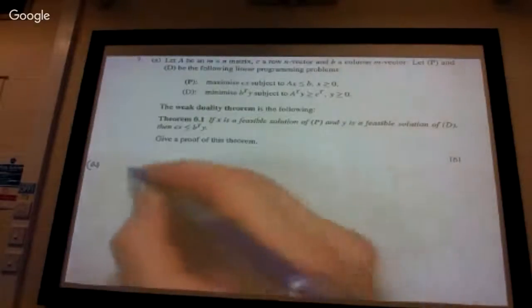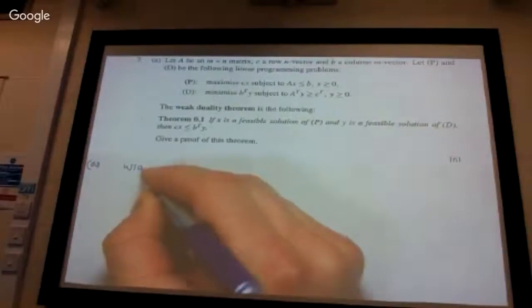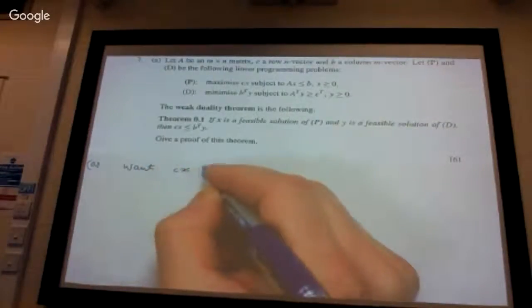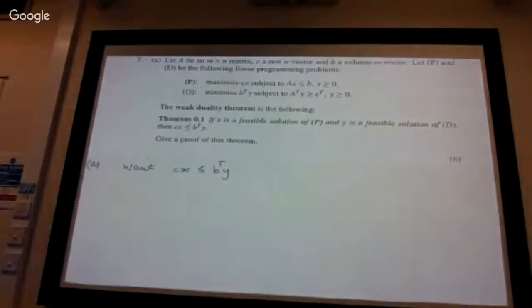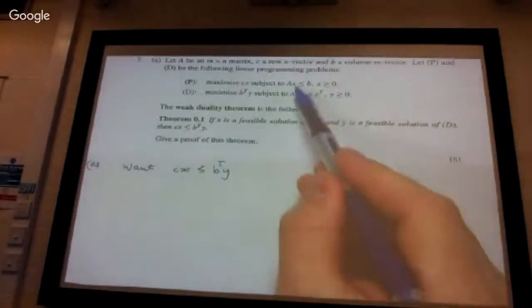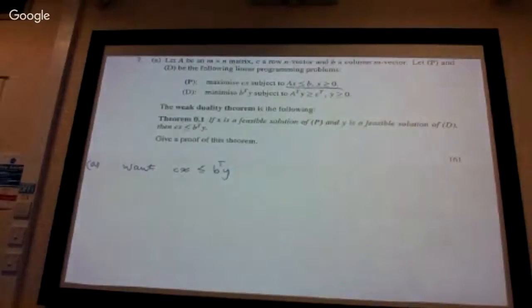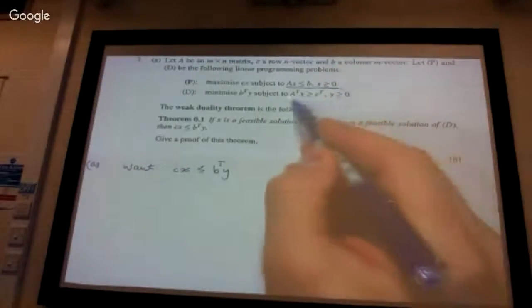So you want to prove that Cx is less than or equal to B transpose Y if X is feasible and Y is feasible. So what does it mean to be feasible? It means it satisfies these constraints, for X, this one and that one.